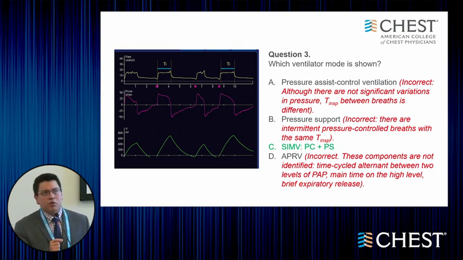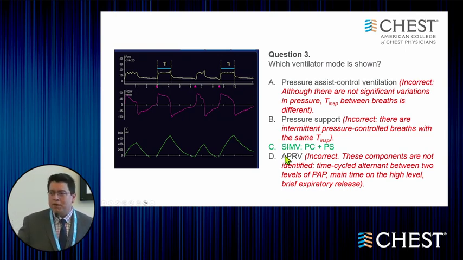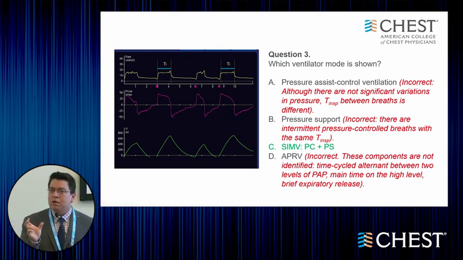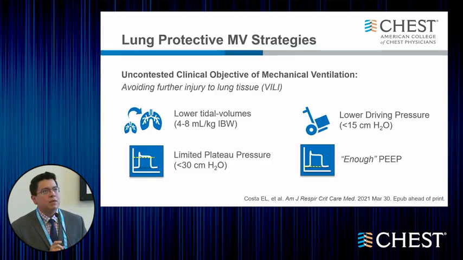It's not pressure assist control ventilation because we see different inspiratory times. If this was a pure pressure control assist ventilation, these breaths would also have the same inspiratory time, and that is not the case. And again, it's not APRV. It's not that mode that favors a prolonged time on a high pressure, resembling pressure control inverse ratio ventilation.